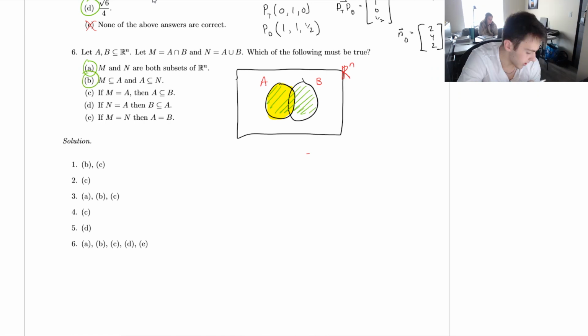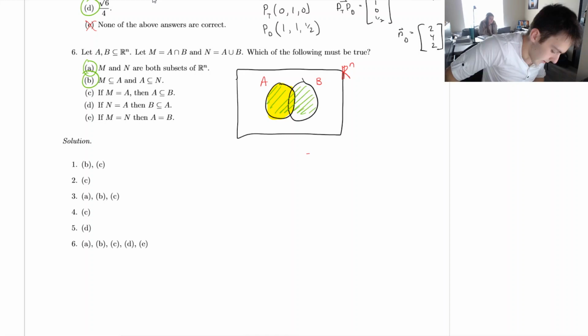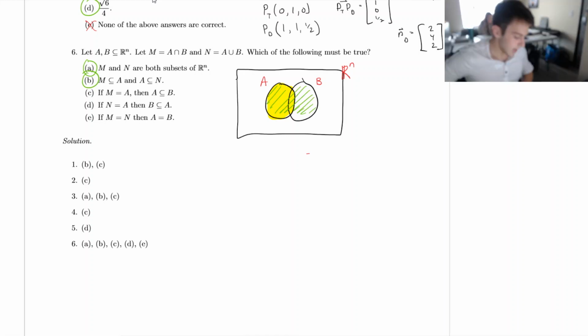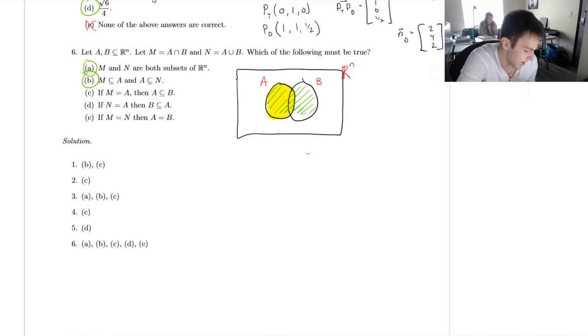So now it gets a little bit more confusing because it starts redefining things. It says if, let's say that the intersection of A and B is equal to A, then A is a subset of B. So let's just think of what that would mean in terms of this Venn diagram.